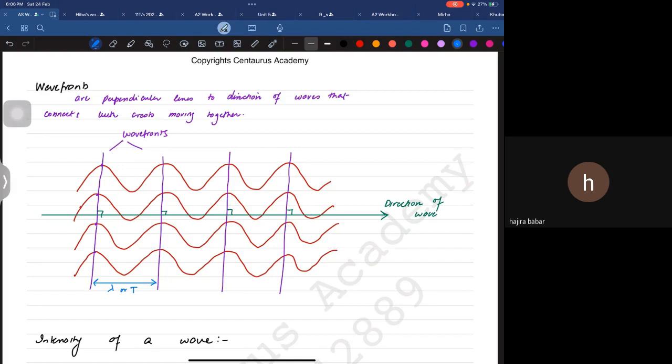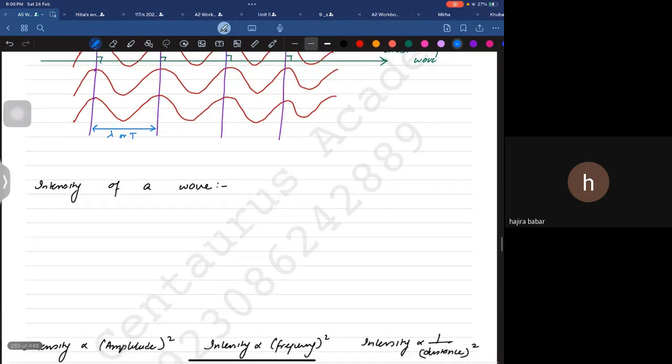All right, kids. Now, then comes the intensity of a wave. For the intensity of a wave, just remember the definition of intensity is that it is power transmitted per unit area. The symbol for intensity is I, and the SI units of intensity are Newton per meter squared.